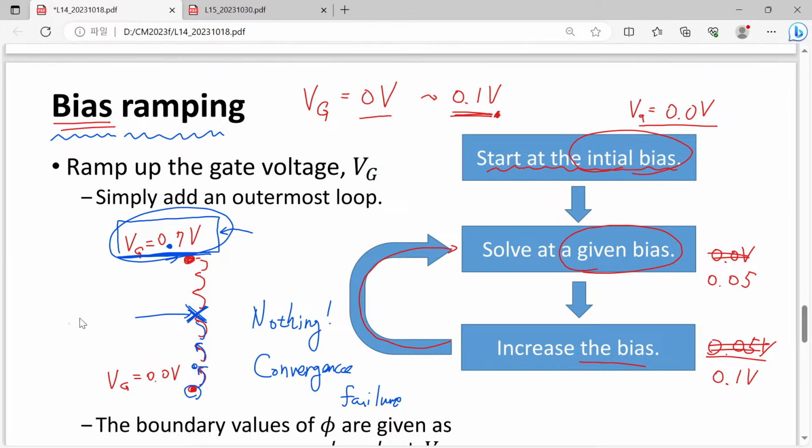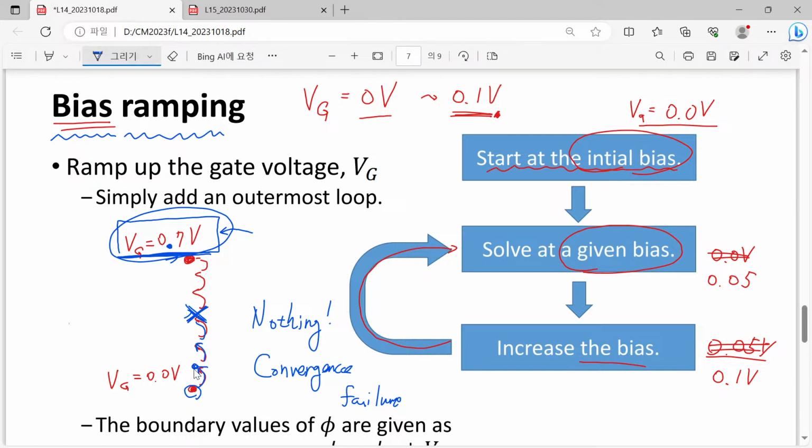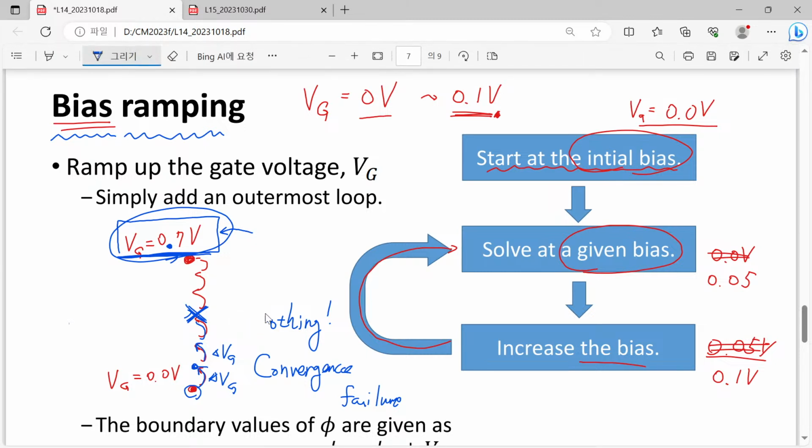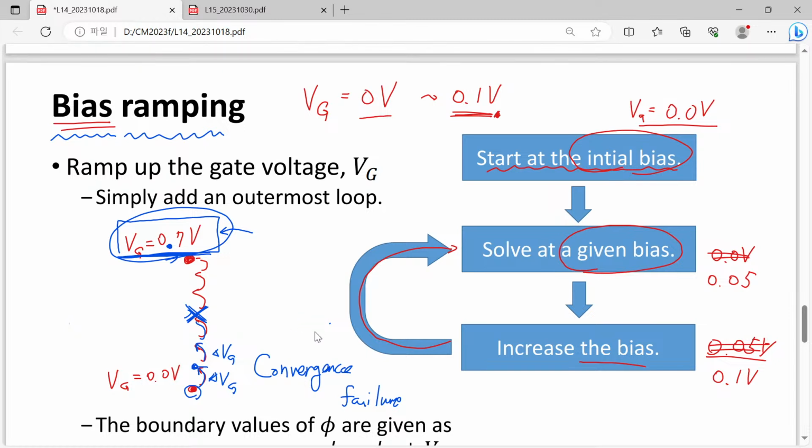In order to reduce the chance of convergence failure, we introduce small changes in our gate bias. Are you all with me? So that is our approach. Please note that we must do bias ramping.